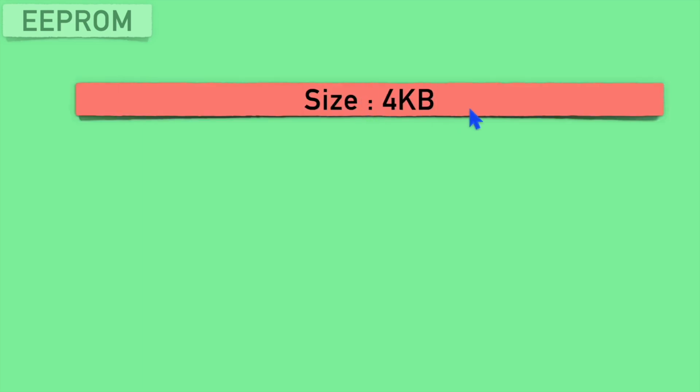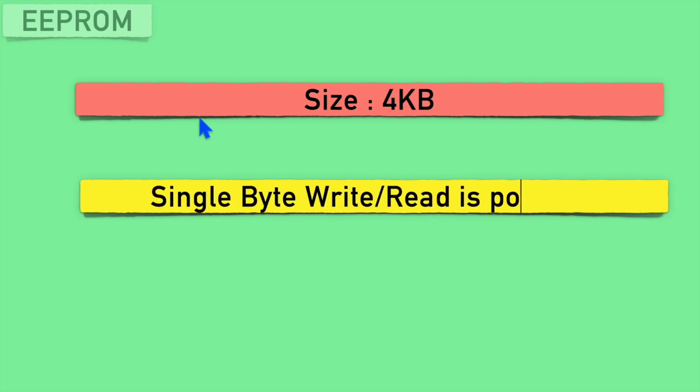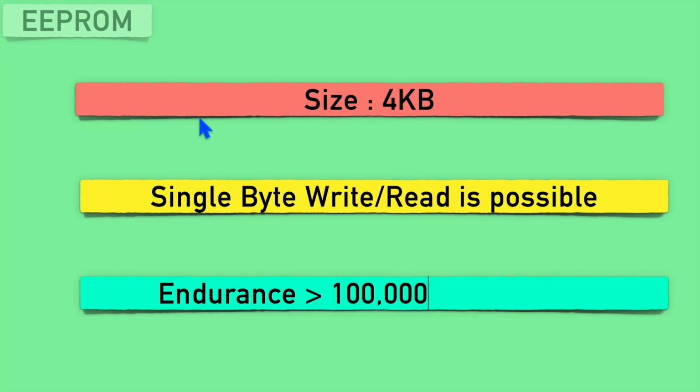And lastly we have EEPROM memory, and this family of ATmega microcontrollers supports a size of 4 KB for this EEPROM, and here you can perform single write or read operations. So a single byte you can write as well as read, and its endurance is much higher than the flash memory.